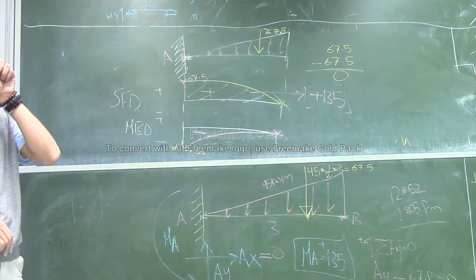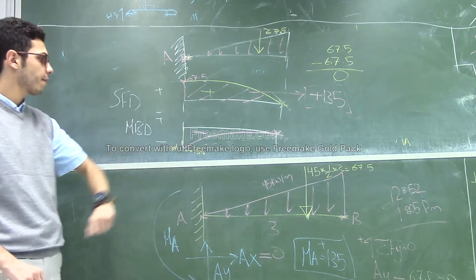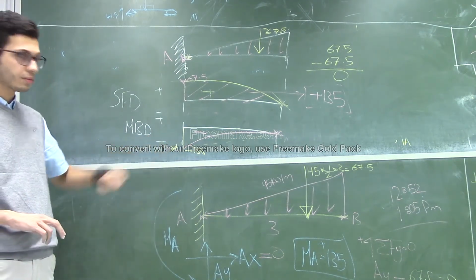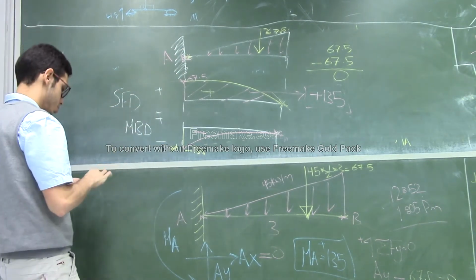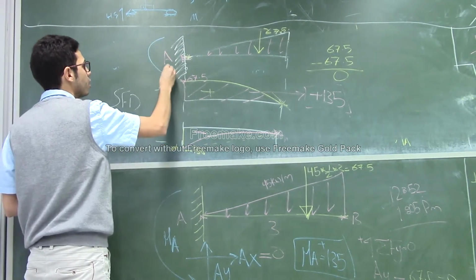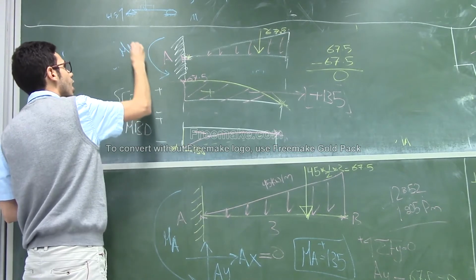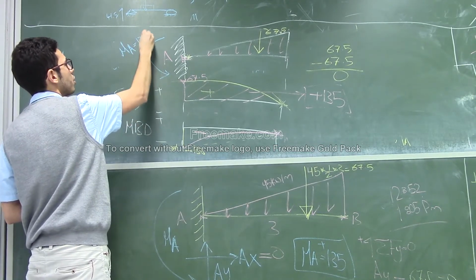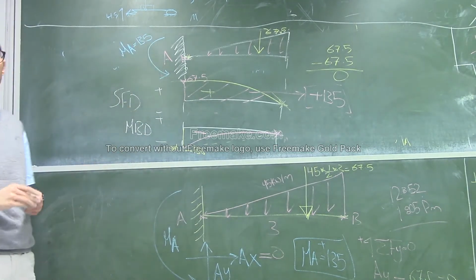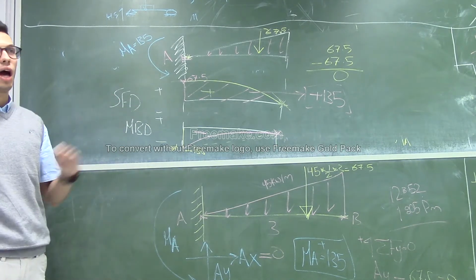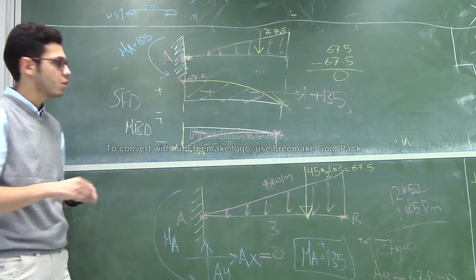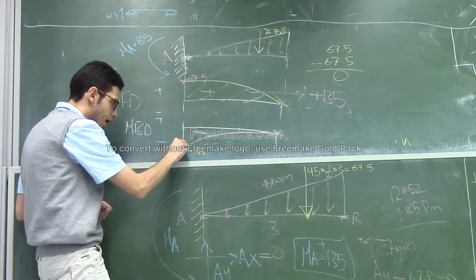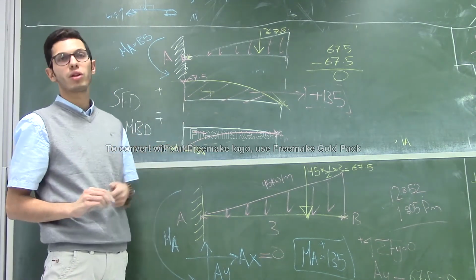Can you repeat the last one? Here? The moment diagram. Yes, this one. At the fixed support, there's a moment, MA. MA is equal to 135 kilonewton meter, okay? It's counterclockwise. According to the last lecture, counterclockwise means negative, so I will go downward to minus 135.